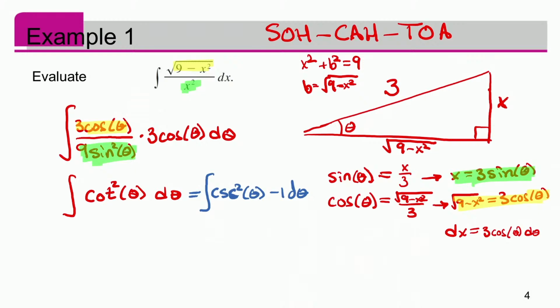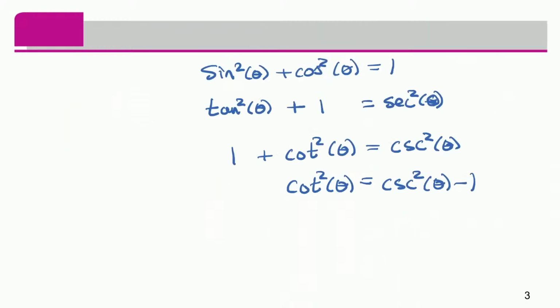It's the cosecant squared that you're going to have trouble with. So let me just remind you from your Calc 1 course, some of you may remember this, some of you might not, that the derivative of cotangent is the negative cosecant squared. So that's what we're using here.